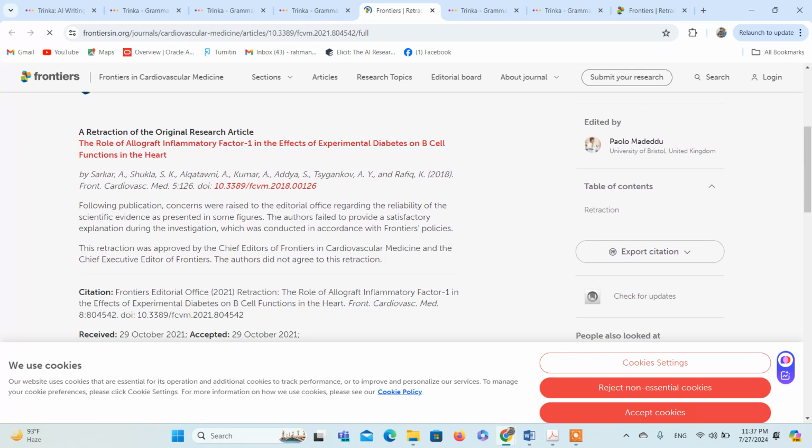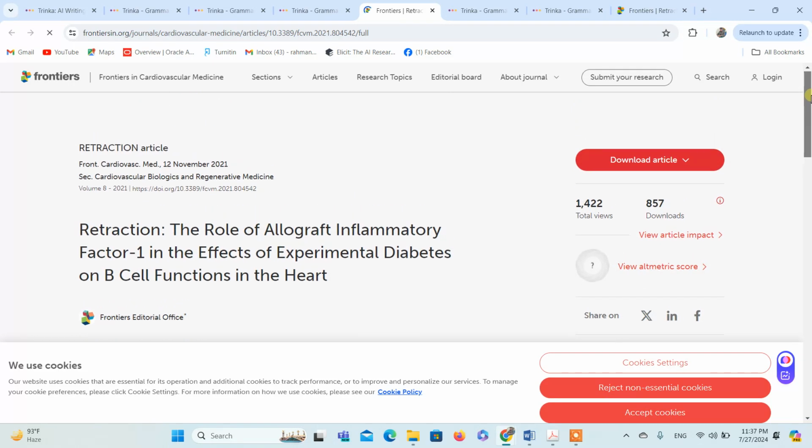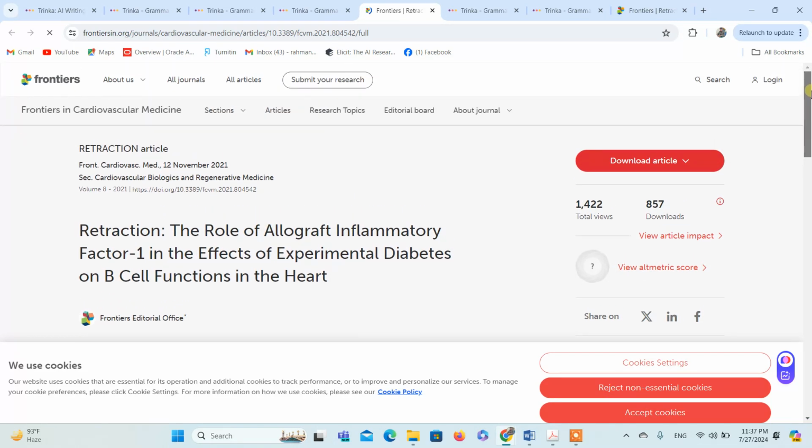The reason for the retraction has also been given: there were some issues with the figures presented in this research paper, and they were not satisfactory to meet the general requirements and ethical considerations of research, and thus it has been retracted.